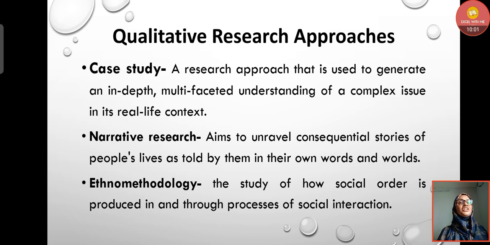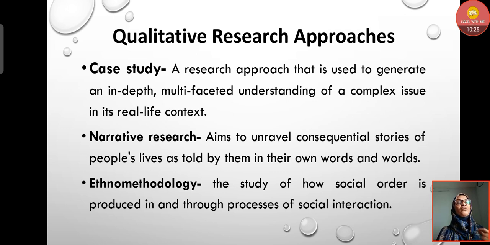Now, narrative research aims to unravel consequential stories of people's lives as told by them in their own words. Narrative itself tells you they will narrate the things personally, live. Whatever consequential stories there are of people's lives, they will tell them in their own words in the living world.